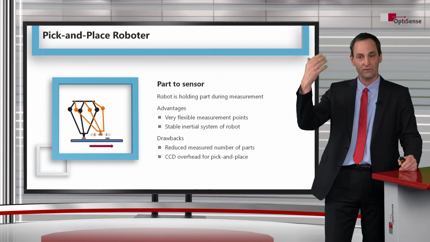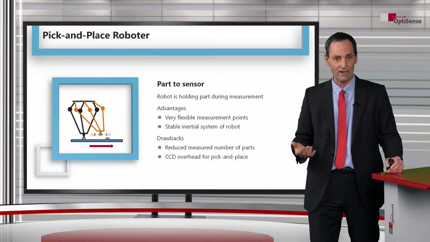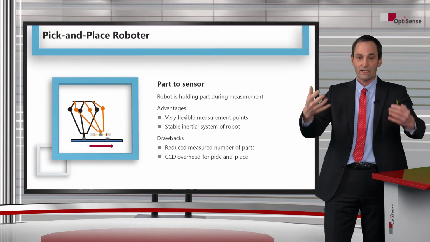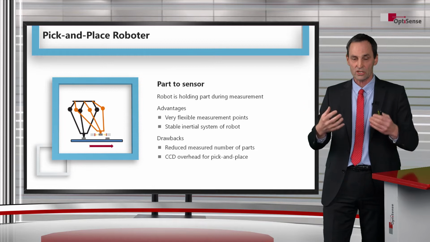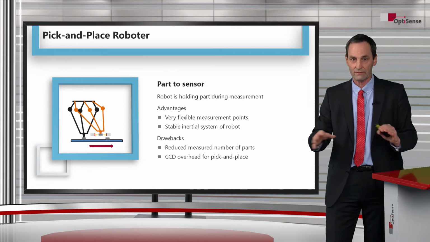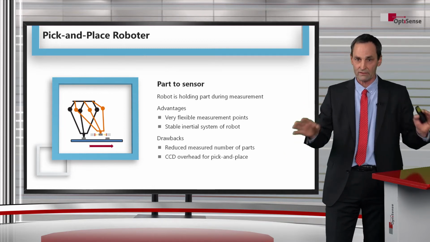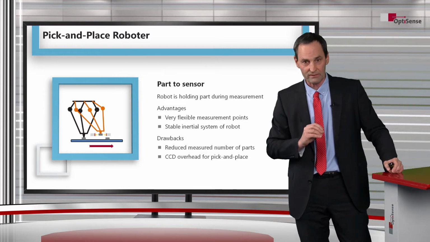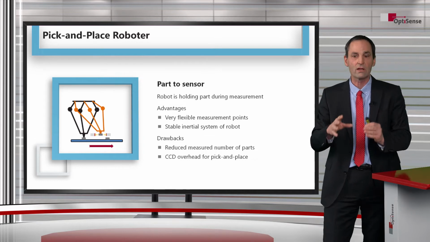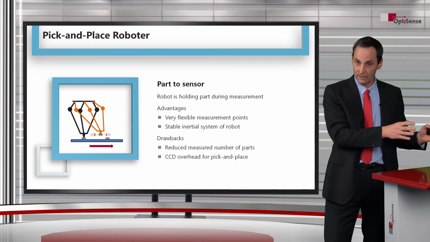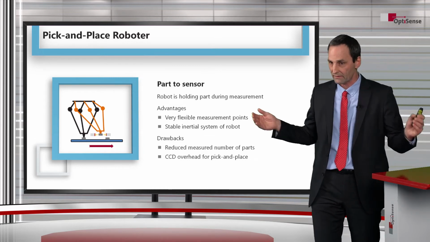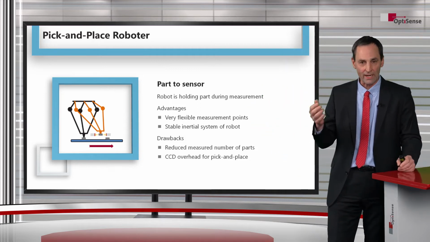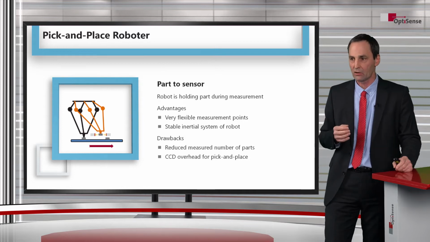That means you have the flexibility which you typically have from the 6-axis robot, but you are just in what we call an inertial system. That means no vibrations, everything from the line is just gone away for a few seconds and you could do the measurements. Of course, you have the disadvantage. In this case, you could not measure all the pieces, but normally the coating process is stable over 5 minutes to half an hour. And of course, you have some CCD overhead.